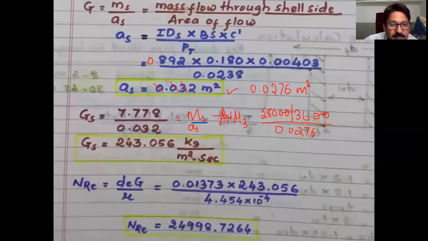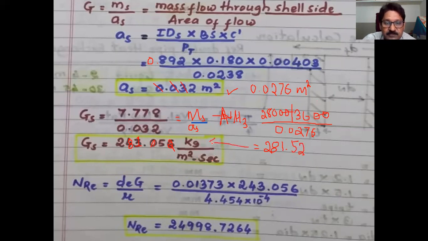Yes, sir, 281.52. I'll write this one as 281.52. So use this value for the calculation. The unit is kg per meter square second. This is the unit of Gs.